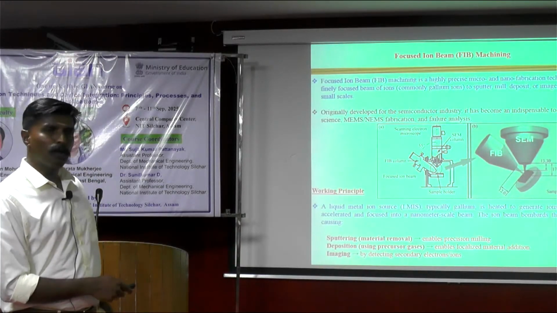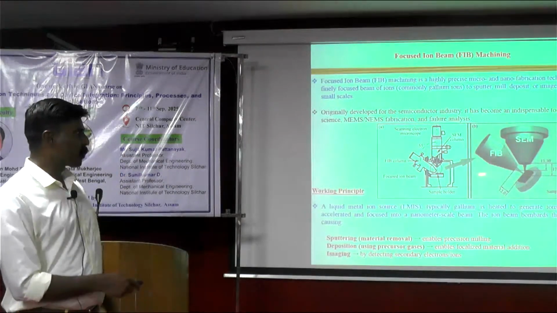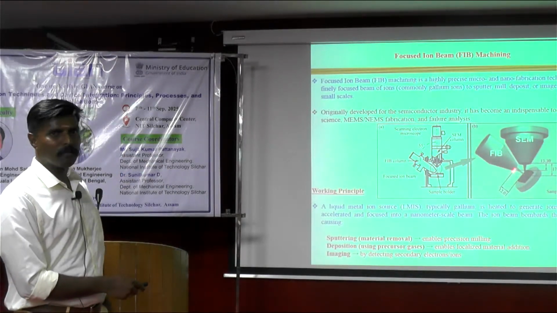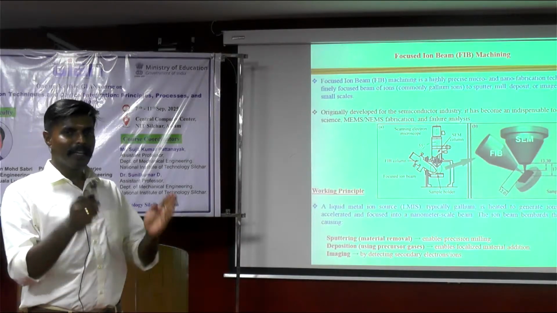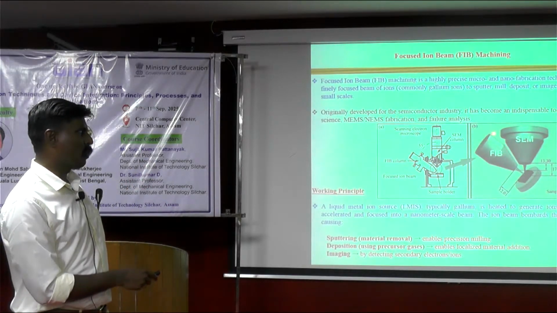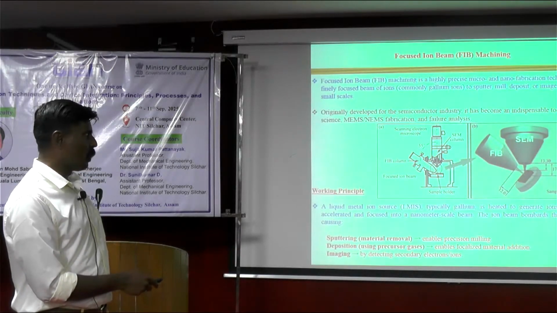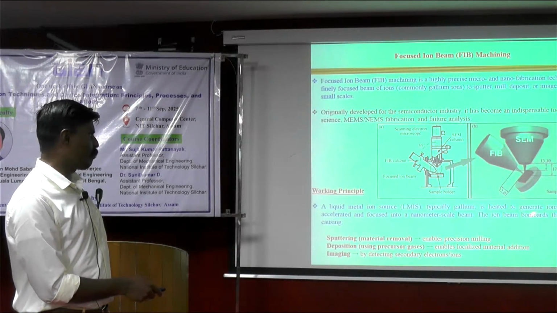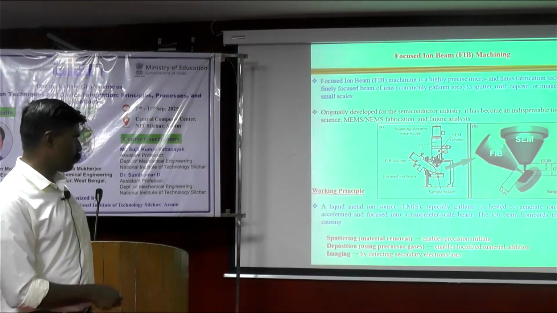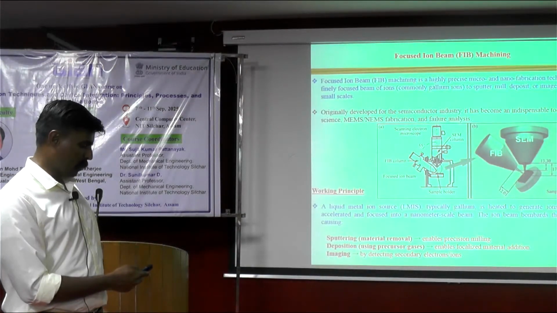FIB looks like a similar column to scanning electron microscopy, with only an FIB gun as a new attachment. In conventional scanning electron microscopy, we have one conventional gun, the SEM source. This is the way of removal of the material. Sputtering means material removal, so it enables precise milling.